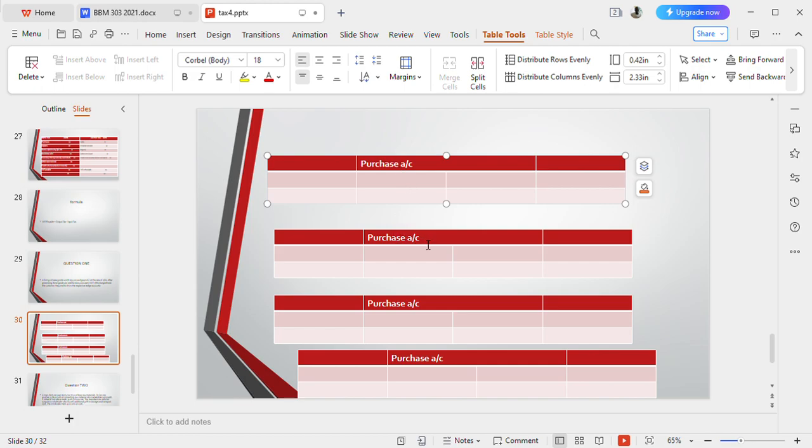So we have purchase account, we have sales ledger account, then we have bank account, then we have VAT account. So what do you do? The first one, we are told about goods which were purchased.